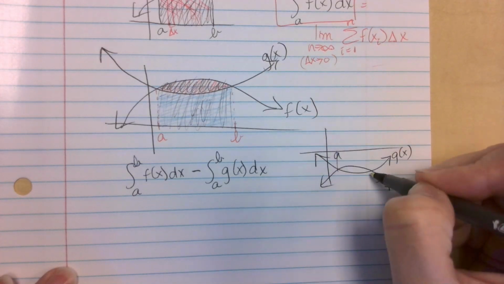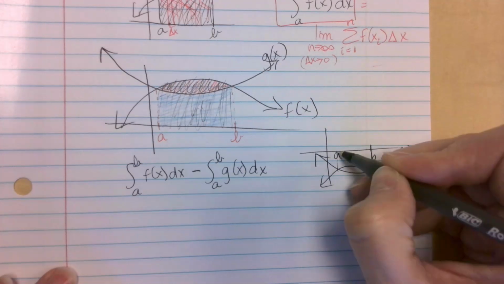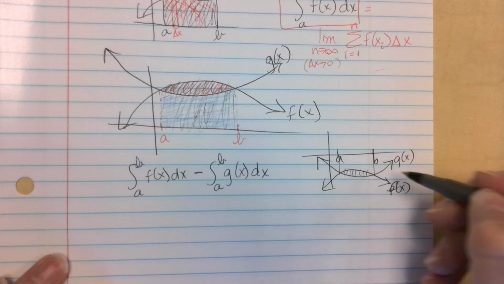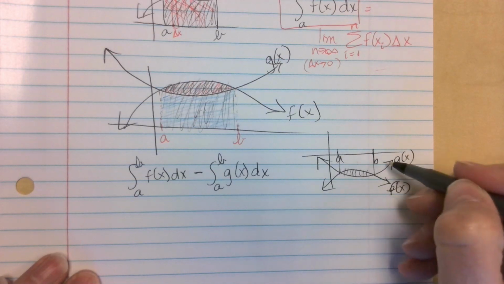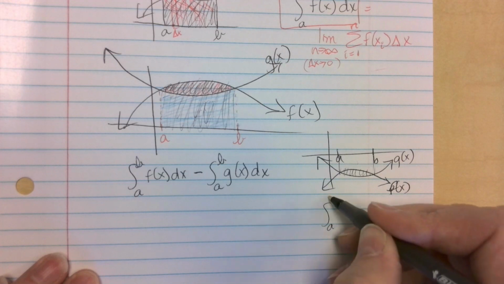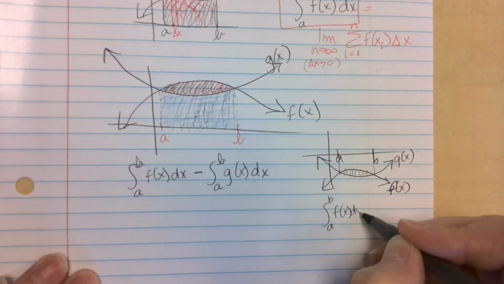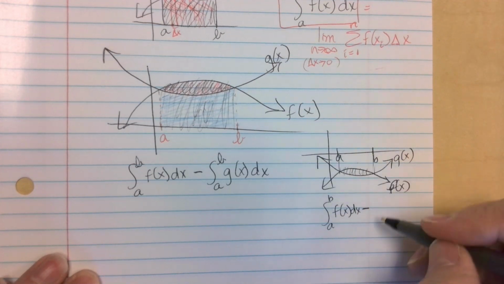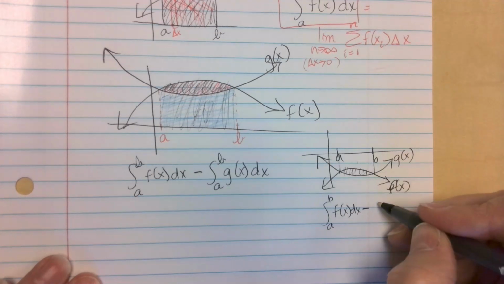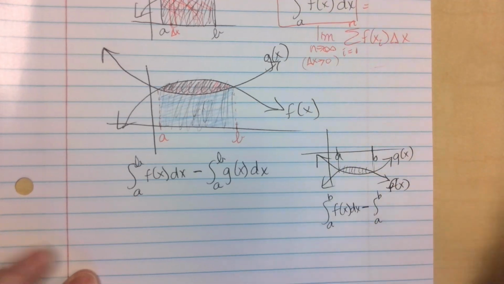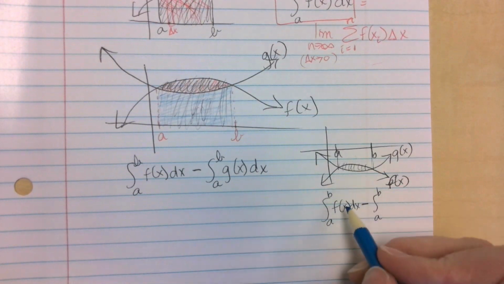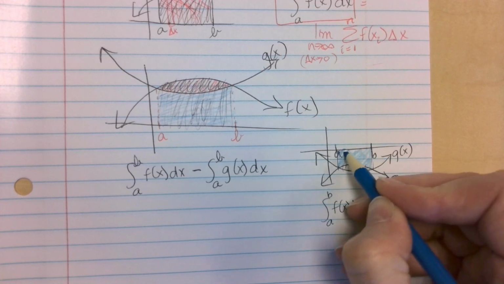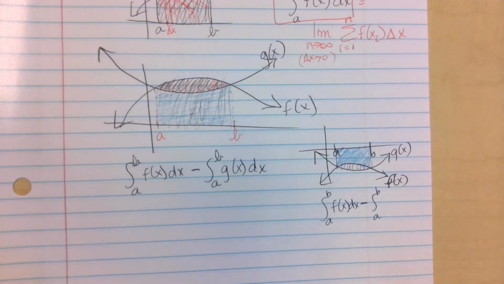So if that's our a and that's our b value, then even if it's below this x-axis, if I take the integral from a to b of f of x dx, which will, by the way, be a negative number, but then I'm going to subtract the integral from a to b of g of x dx, this area would be shaded in blue, so it would just be above that curve.